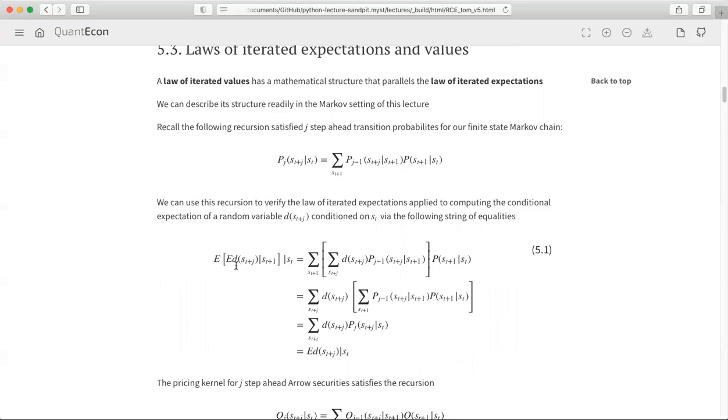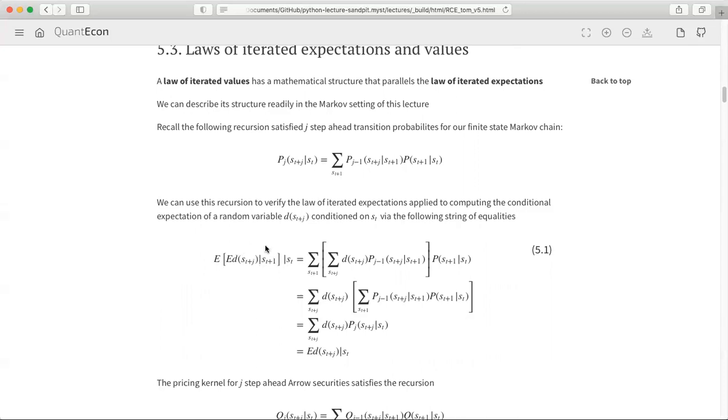If we take the expected value of d at time t plus j, conditioned on time t plus 1 information, that's a random variable that's measurable with respect to t plus 1 information. And we're going to take the expectation of that random variable conditioned on time t information.